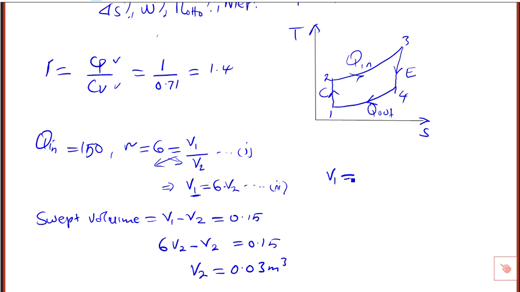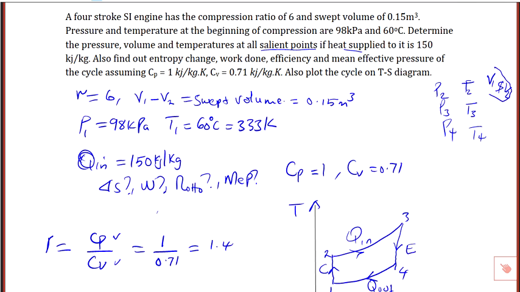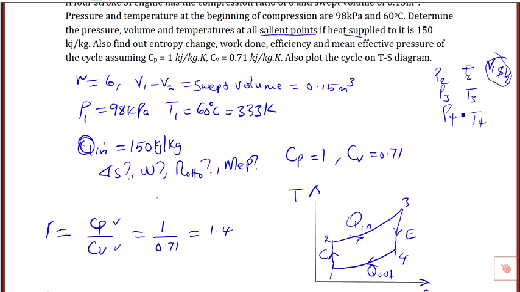So you just substitute V2 equals 0.03, and you find that V1 is equal to 0.18 meters cubed, and of course V1 must be bigger than V2. Now we have found V1 and we have also found V2.